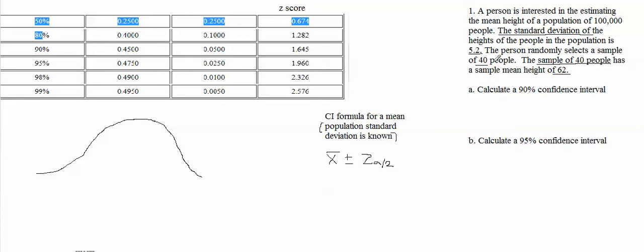And I said before we can use this formula at all, the first step is checking whether the sampling distribution has a normal shape. And I said that if a population doesn't follow a normal distribution, then the sampling distribution will be at least roughly normal because of our sample size being at least 30.